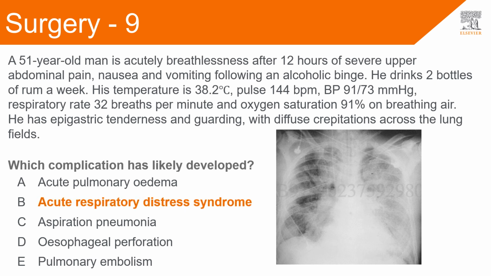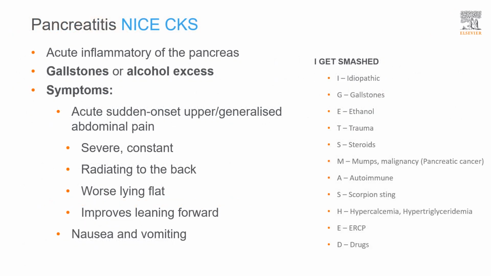This is a challenging question as it requires both determination of the underlying diagnosis and then the subsequent complication that has developed, as seen on the chest x-ray. And the correct answer is B, acute respiratory distress syndrome.